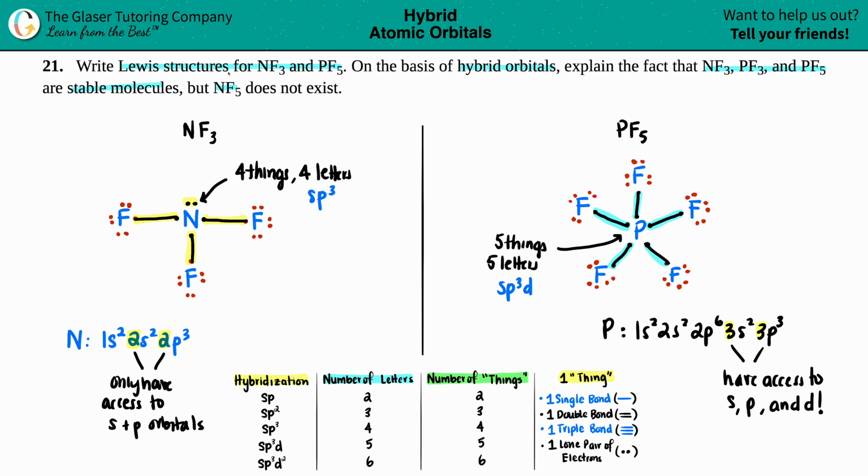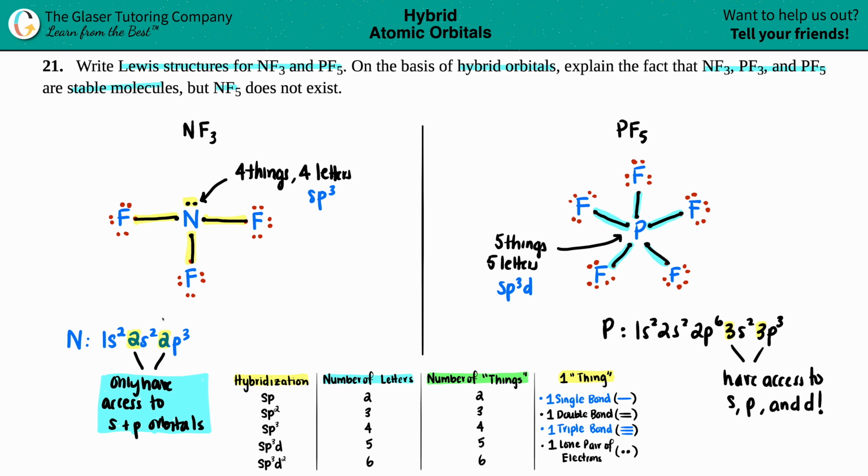So that's why NF5 does not exist, because nitrogen only has access to S and P orbitals. If it was trying to make an NF5 Lewis structure, it would need access to the D's, because once you have 5 bonds, you need a D orbital. And since the quantum number only goes up to 2 for nitrogen, you don't have access to those D's.